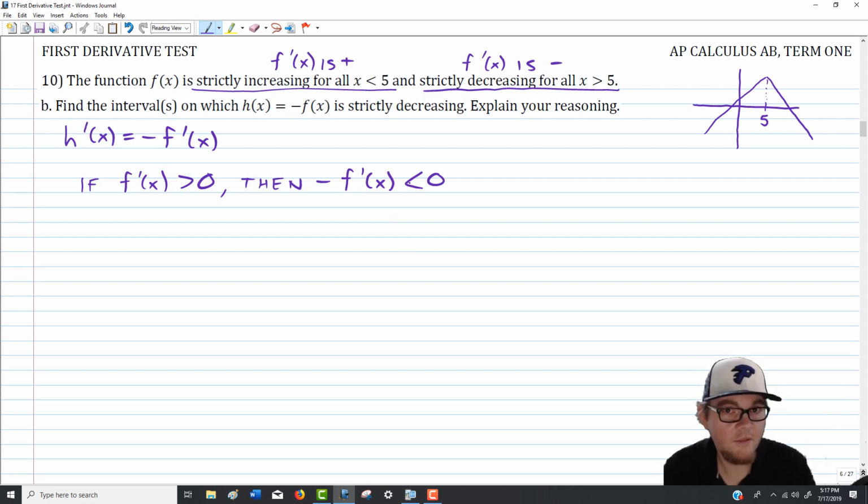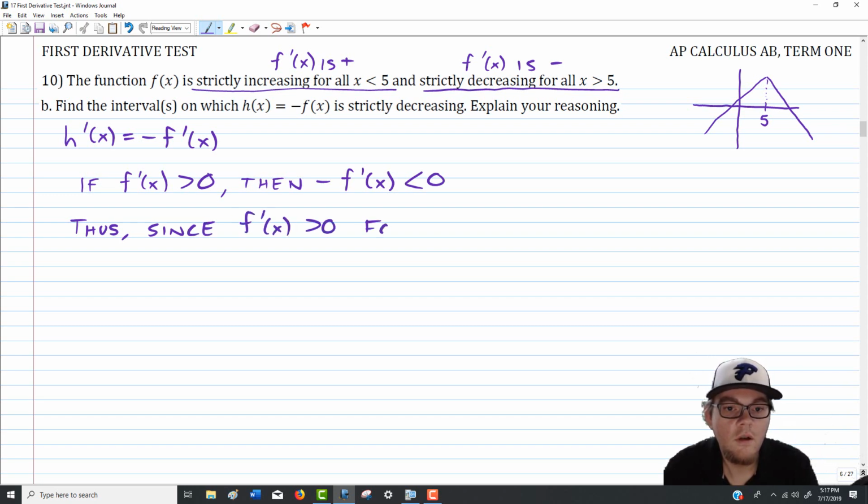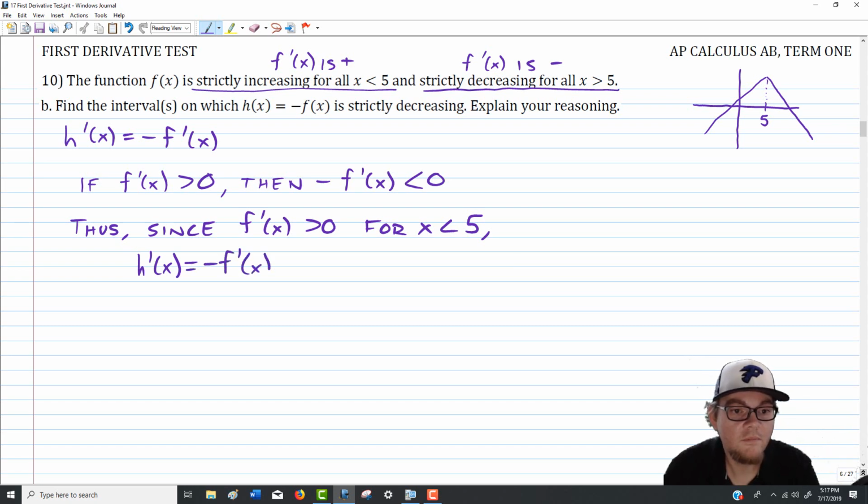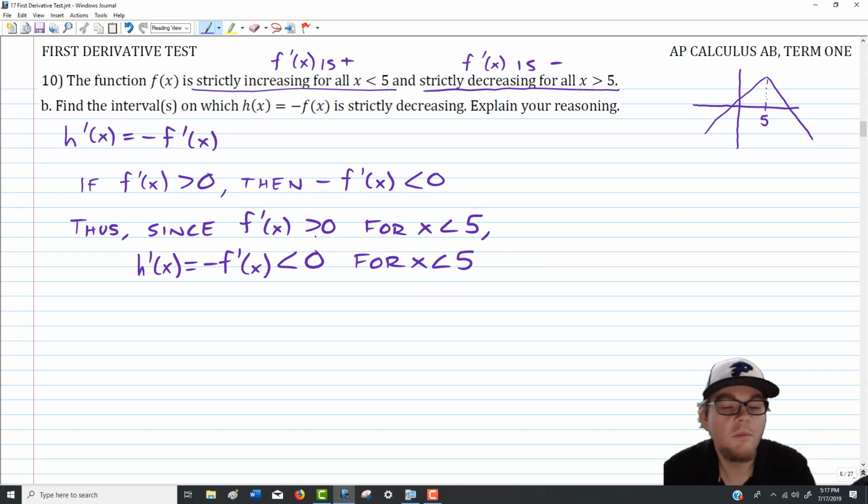Again, we're just taking something positive before, multiplying by a negative, that makes it negative. Therefore, since f prime of x is greater than 0 for x less than 5, h prime of x, which is equal to -f prime of x, is less than 0 for x less than 5. Right? Because all we're doing is multiplying by a negative sign.